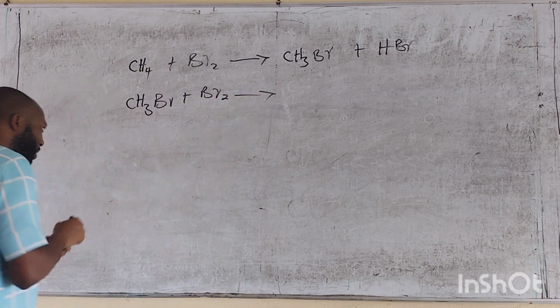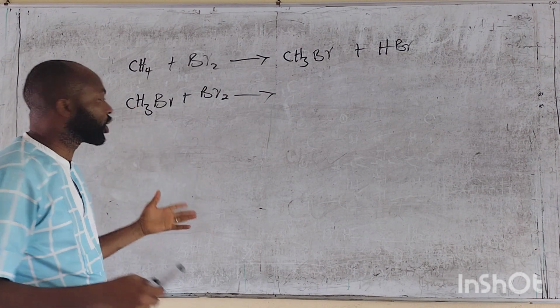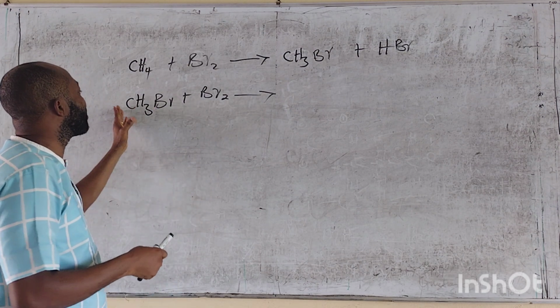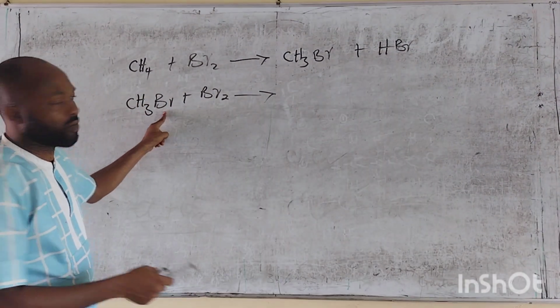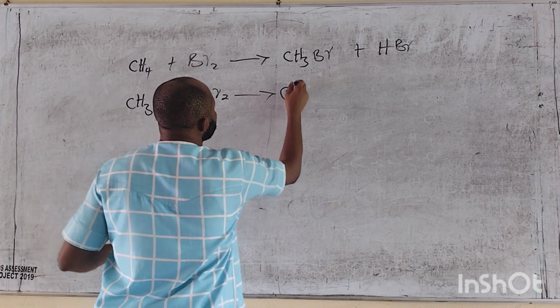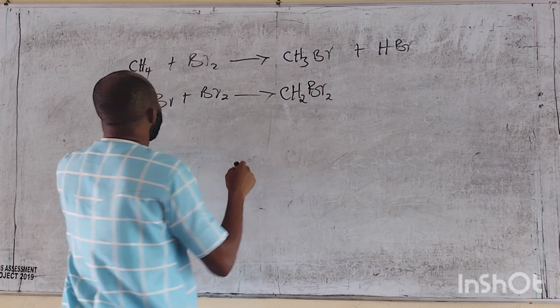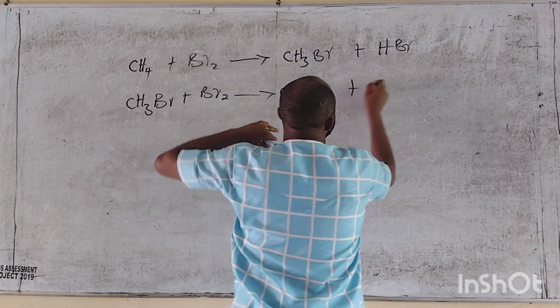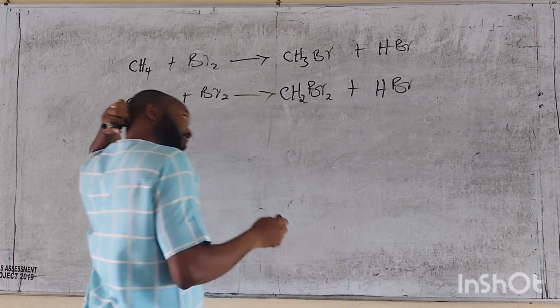This will still give me... Another hydrogen will move. We are doing substitution. Another hydrogen will move. I will be left with CH2 Br. So when that Br comes, the Br becomes 2. So I have CH2Br2. Now the hydrogen that left, this is it, and the bromine left is this.